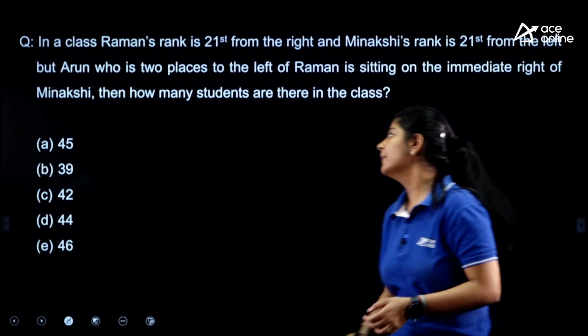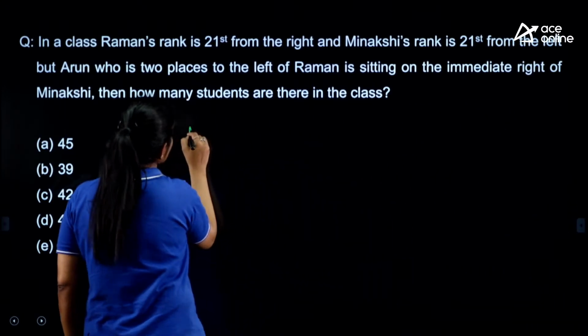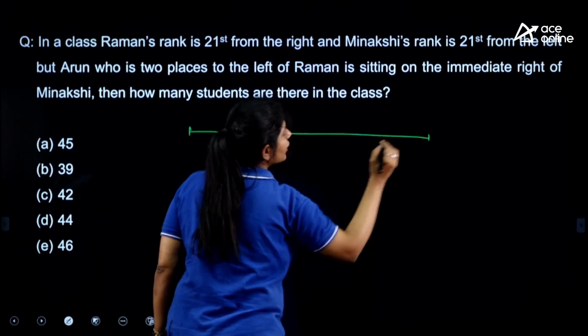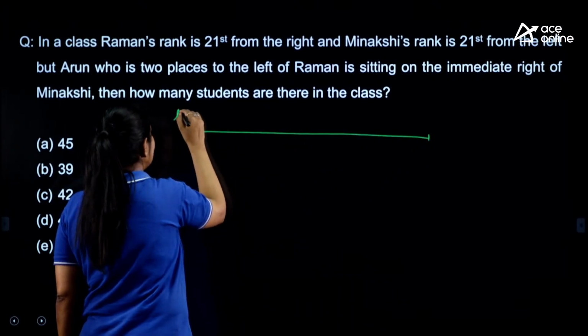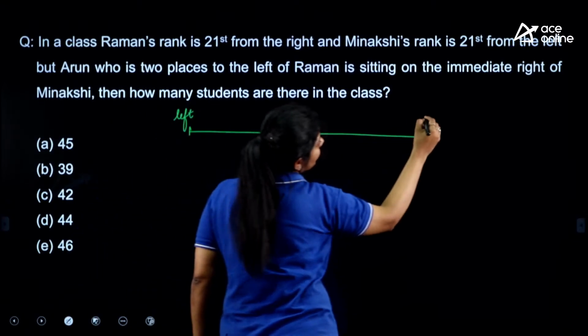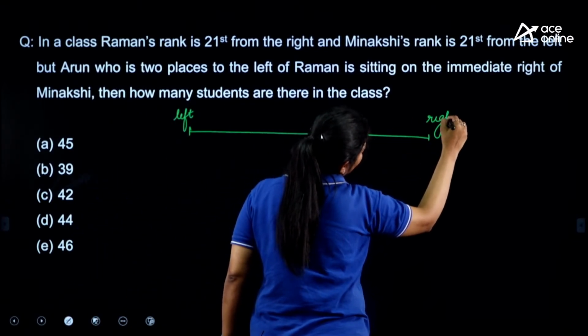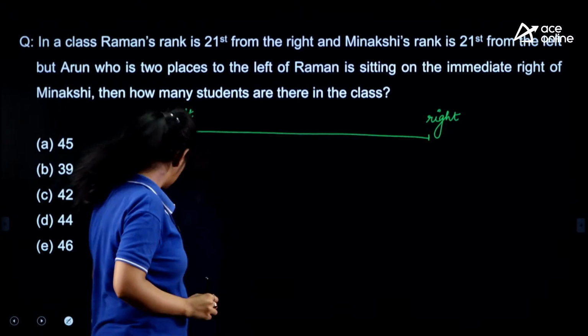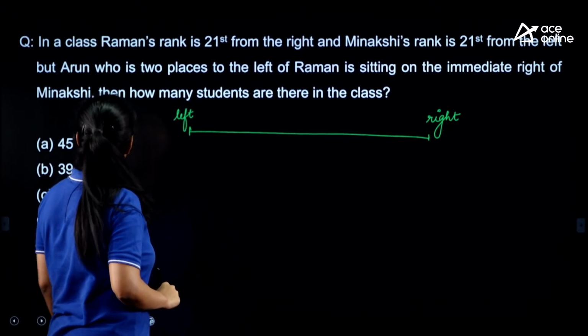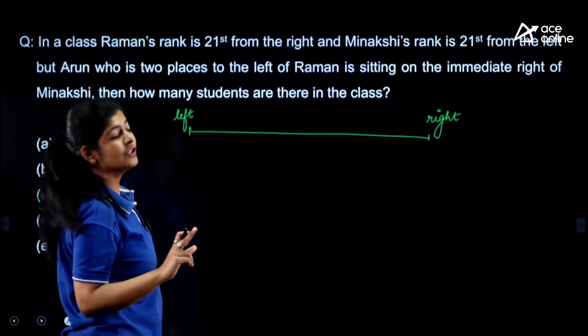Very good Ragla. So here I am just assuming that this is the whole arrangement of my class. This is my left end and this is my right end, right? Okay. Now the question is saying that Raman's rank is 21st from the right end.